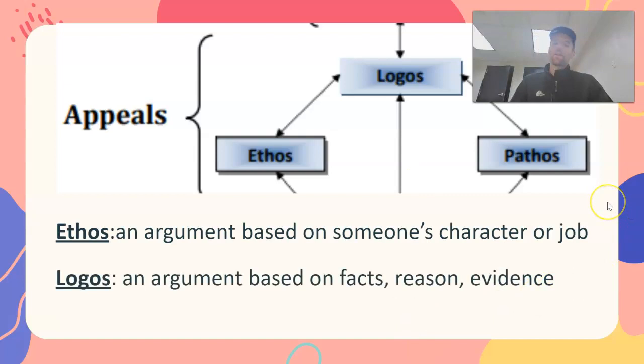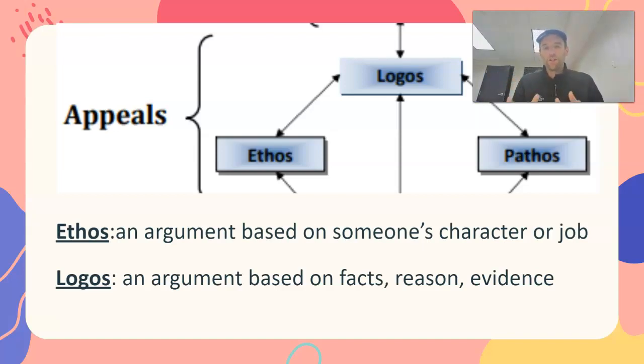Logos would be an argument based on facts, reason, or evidence. Sometimes, but not always, a logos appeal will have a statistic or a number to try to give you a fact and convince you of something. Not always, though. There can be reasons without numbers or evidence without numbers. But that's what logos is.